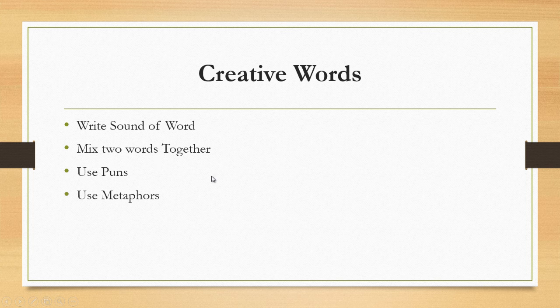Then of course you can also use puns, and you can also use metaphors, as long as you keep in mind the audience and demographic, and whether it appeals to them. That's why creating a personal brand is a lot easier, because you're just using your name.